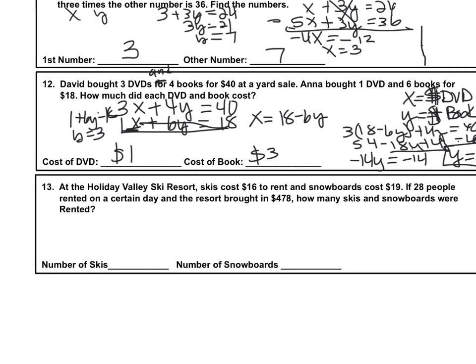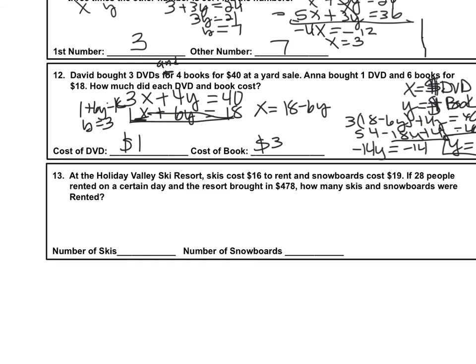And I think this will be the last one for this video. It says, at the Holiday Valley Ski Resort, skis cost $16 to rent and snowboards cost $19. If 28 people rented on a certain day and the resort brought in $478, how many skis and snowboards were rented?